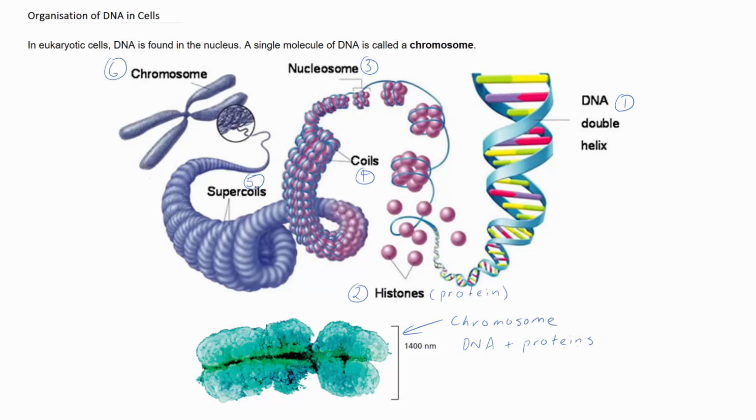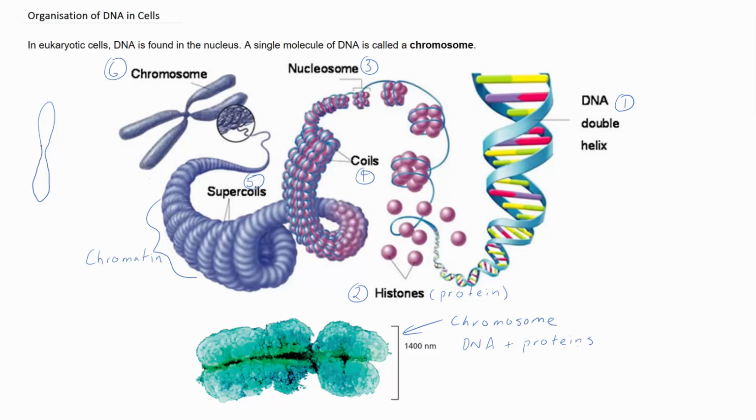The supercoils of nucleosomes are referred to as chromatin, and they form a cylindrical tube. Now I should point out that a single chromosome of DNA that's unreplicated actually looks different once the chromatin has formed into the chromosome.